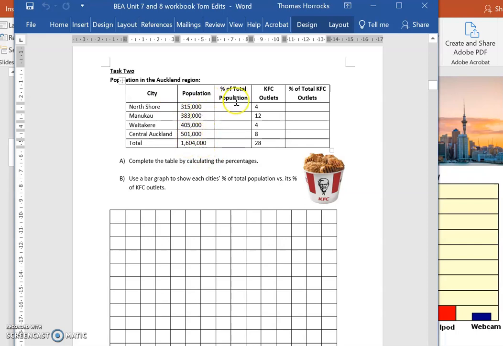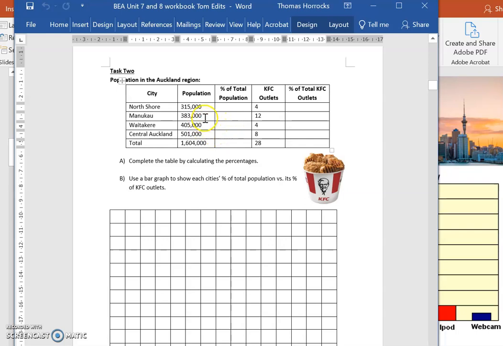The percentage of total population for North Shore is the North Shore population, 315,000, divided by the total population, which is 1.604 million, times 100 over 1. And then you just want to roll that through these other three as well.